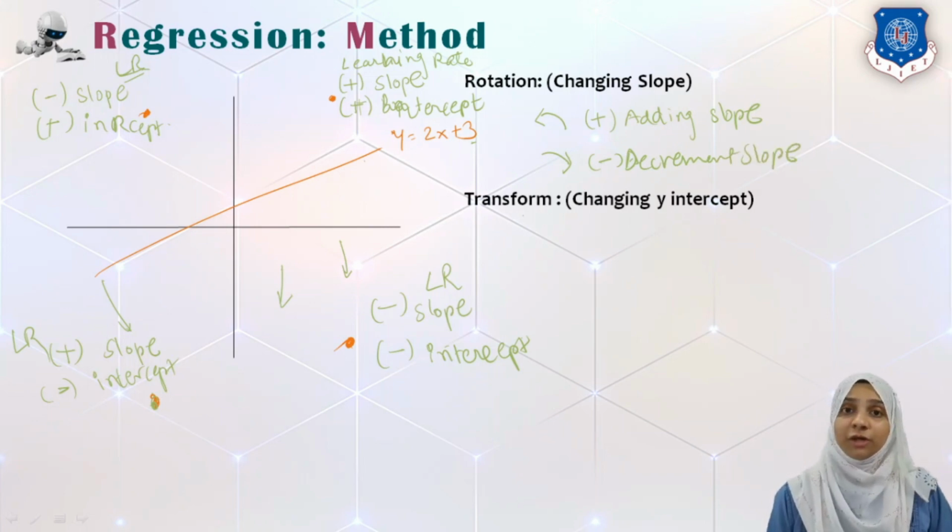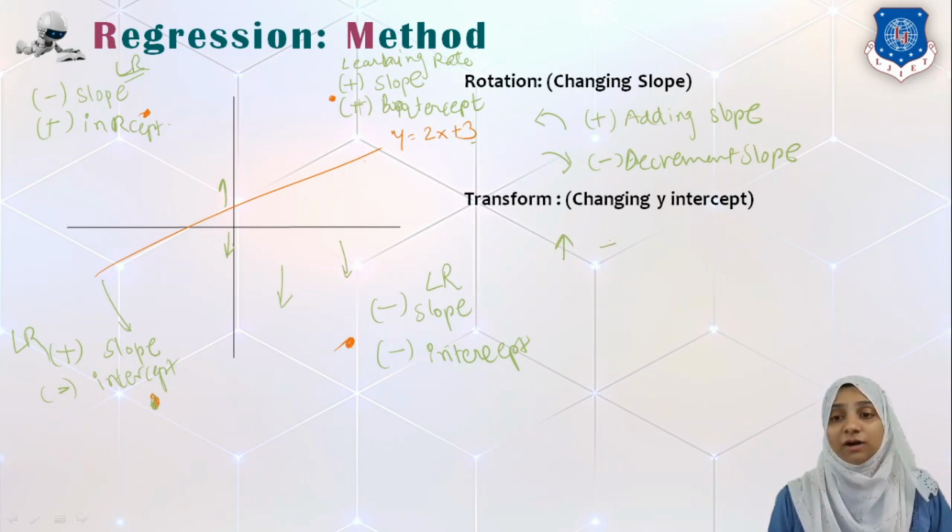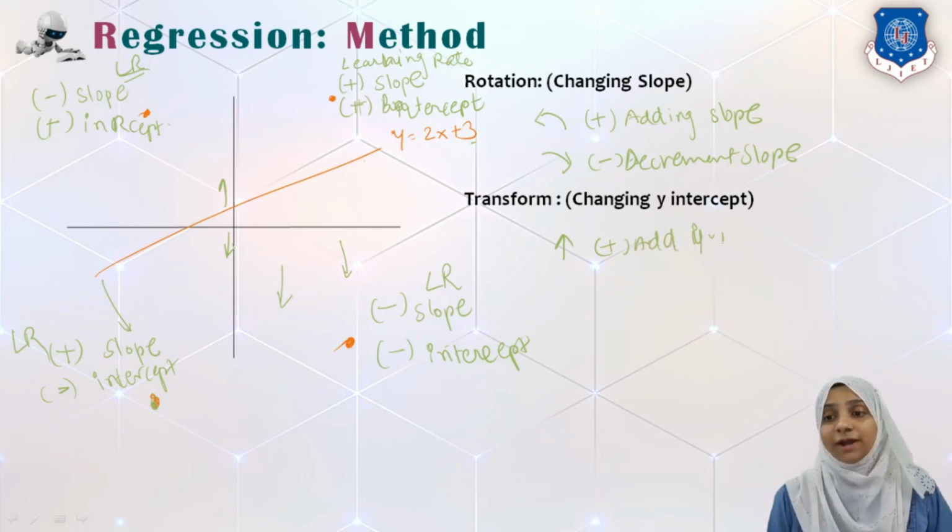Now, talking about transforming, that is moving this line up or down. For these two sets of points, we always need to take the line up. That means if we want to move our line up, we have to add some y-intercept.